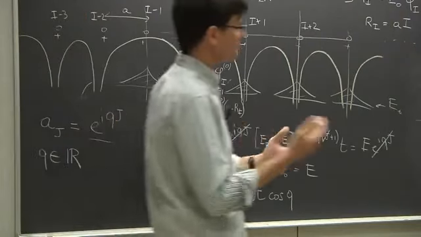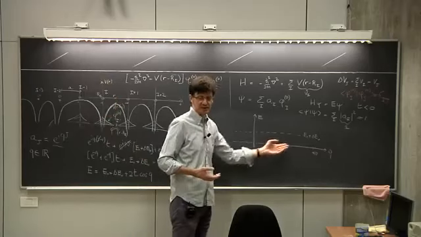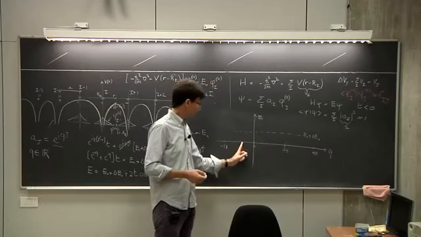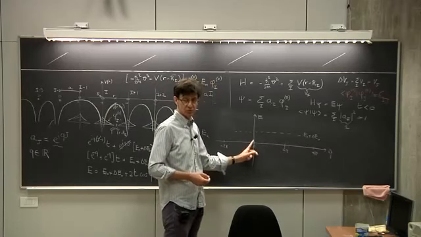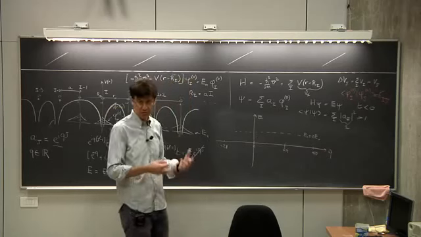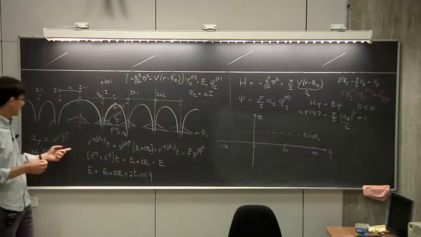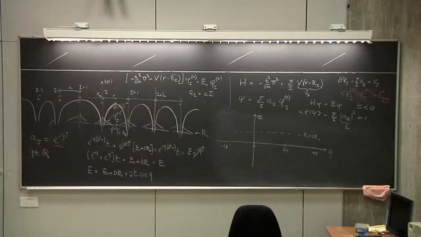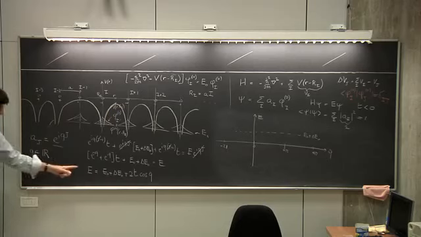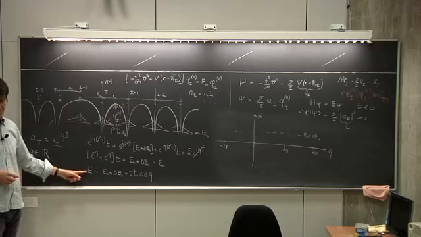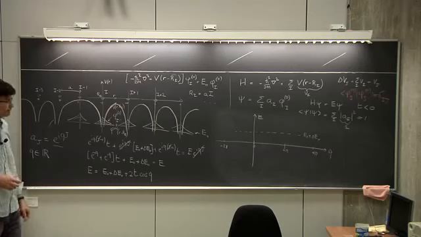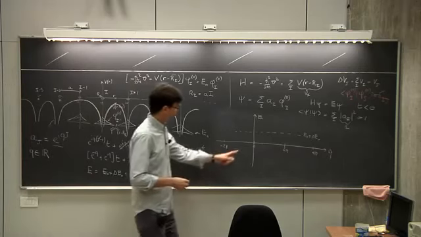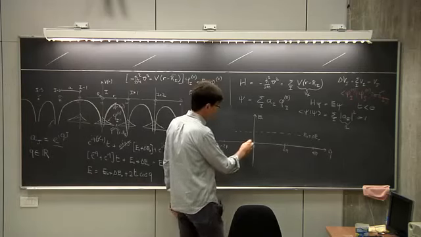Here, instead of plus and minus, we have a continuous index that defines the solution. This is a solution, this is a solution, this is a solution. All different Qs are different solutions, that is, different infinite series of numbers with this particular eigenvalue. Okay? Good. So, we are now here.